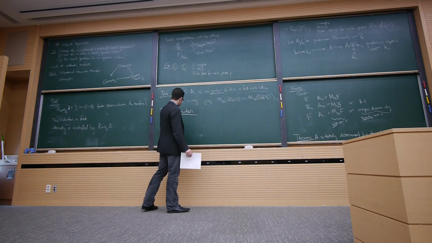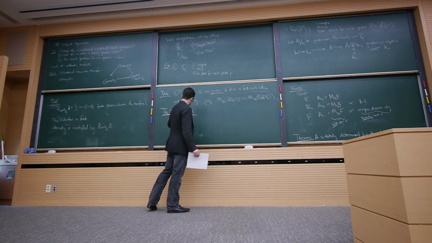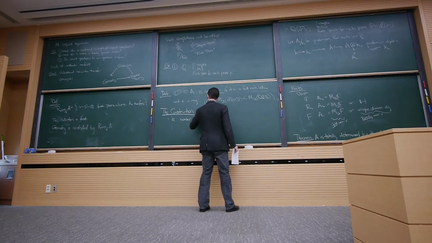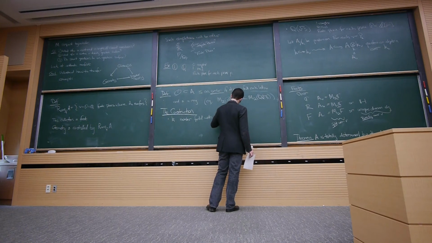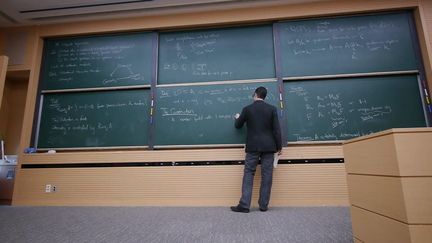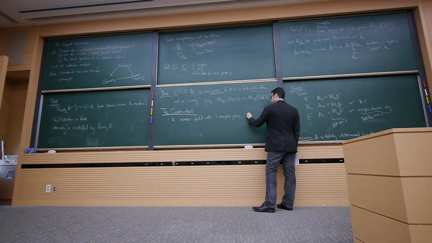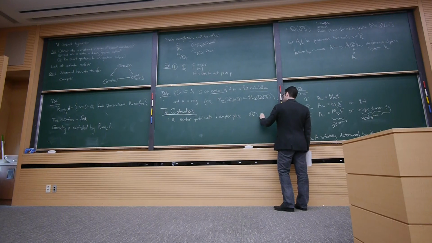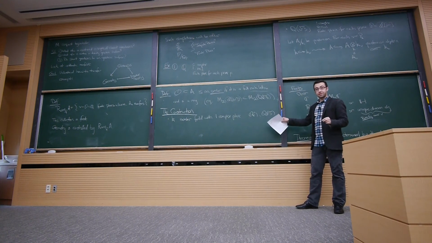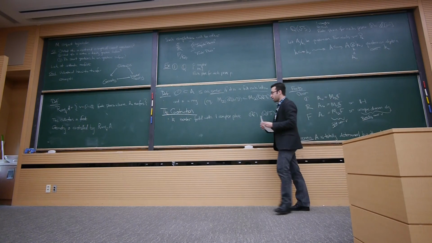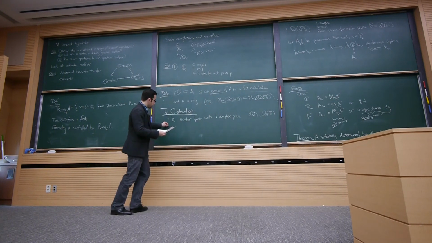So K is a number field with one complex place. So for example, Q adjoin i, Q adjoin square root of -3. These are all imaginary quadratics, but you could imagine higher degree extensions as well.